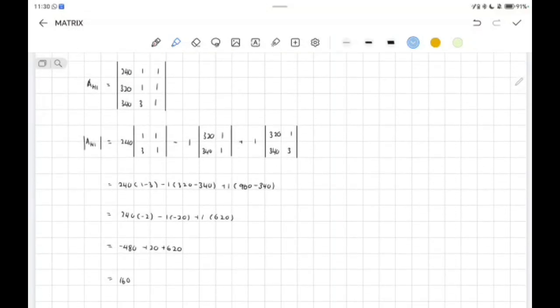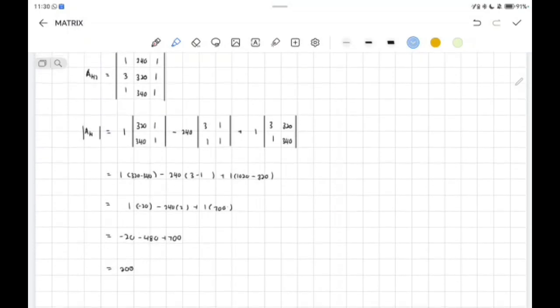Now, I calculate the specific determinant for each nutrient by replacing one column at a time with the total values. For the determinant of n1, I got 160.